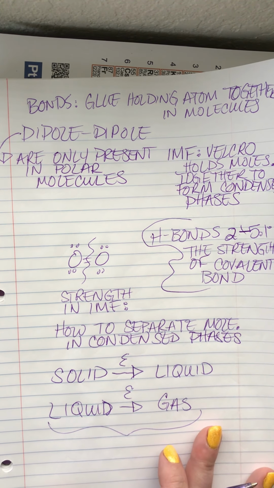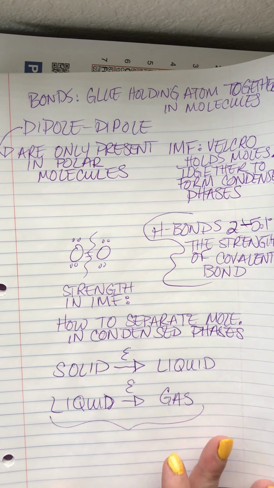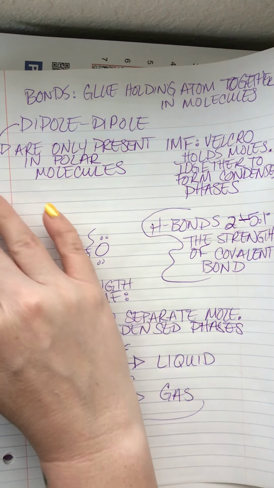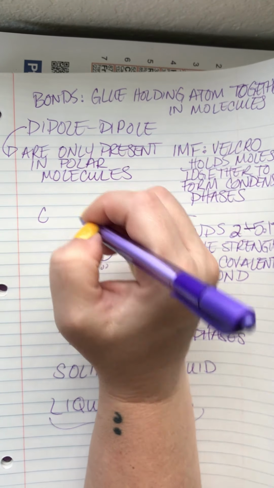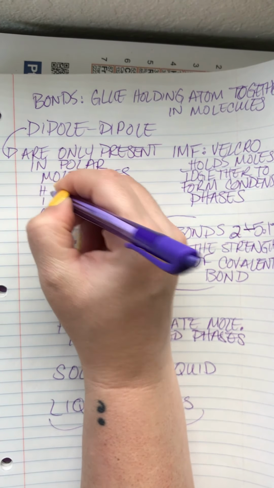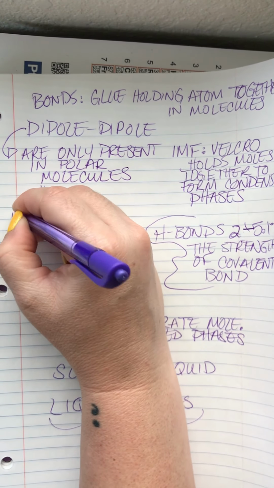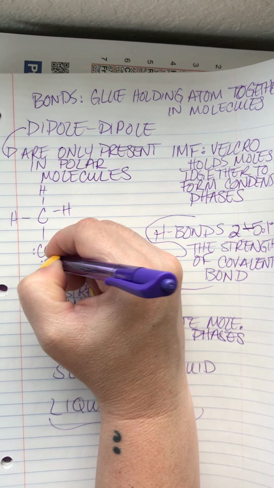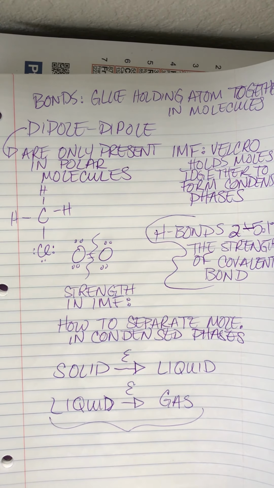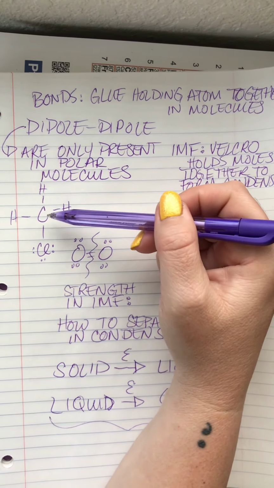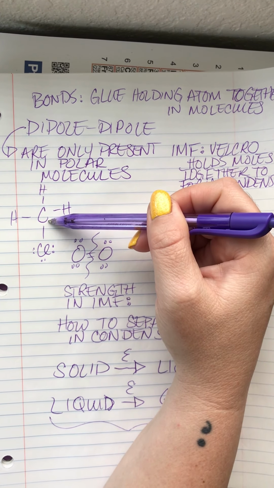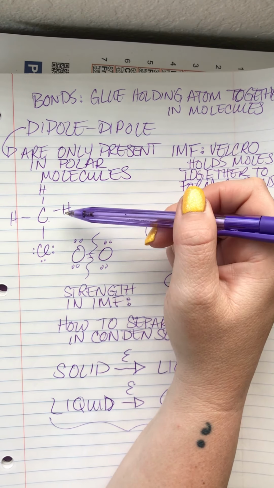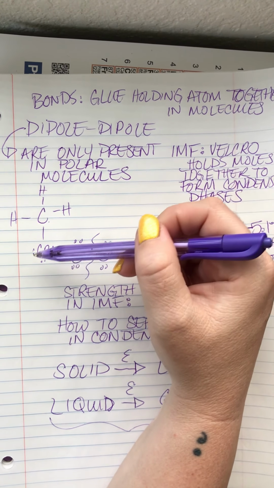So let's look at an example of a molecule that has a dipole but is not hydrogen bonding. Let's say we have carbon attached to 3 hydrogens and 1 chlorine. Now there's no lone pairs on carbon, but the asymmetry in the molecule comes from having different attached atoms.